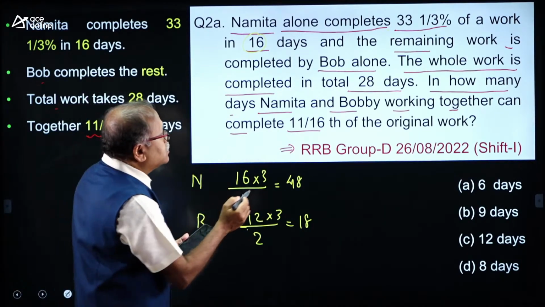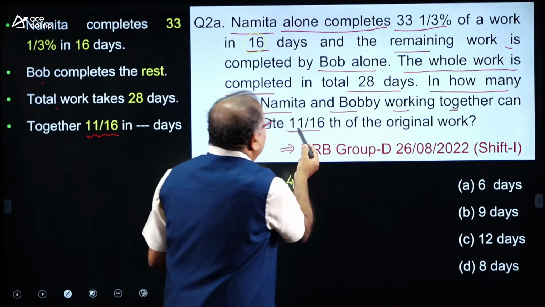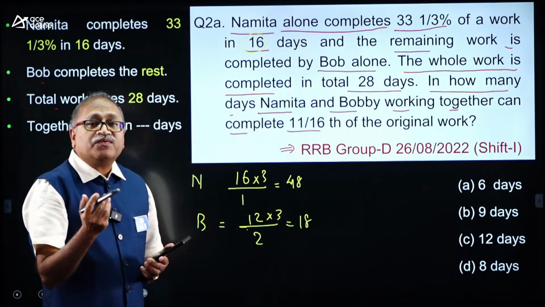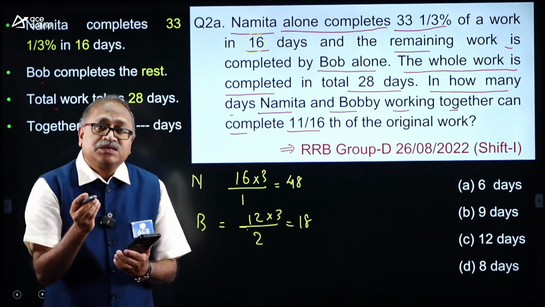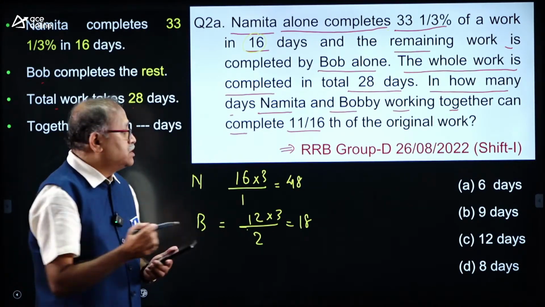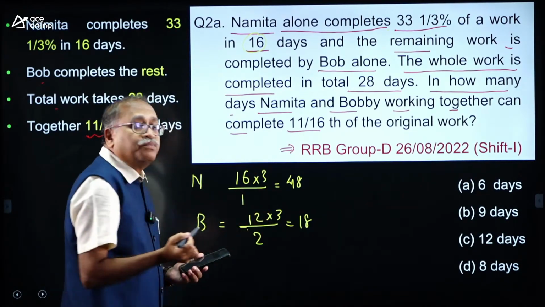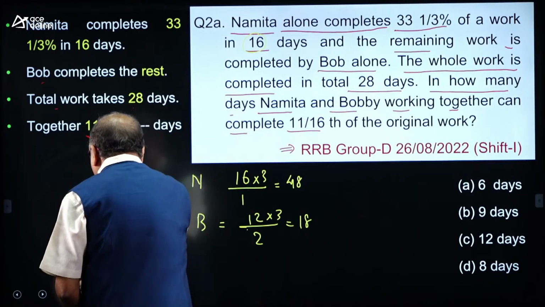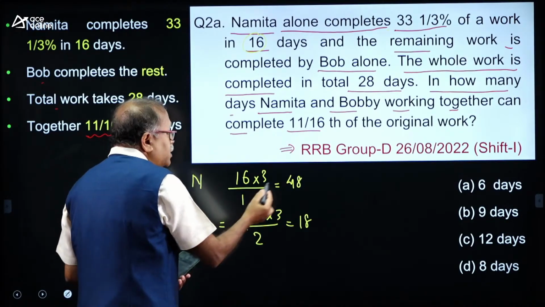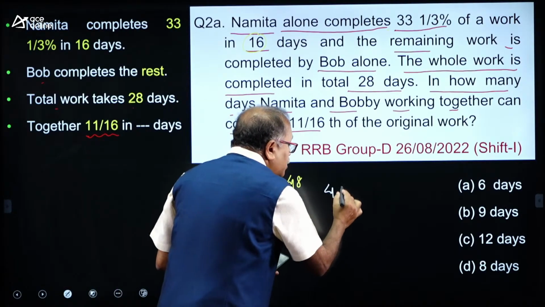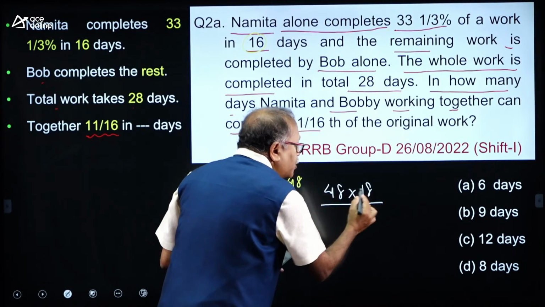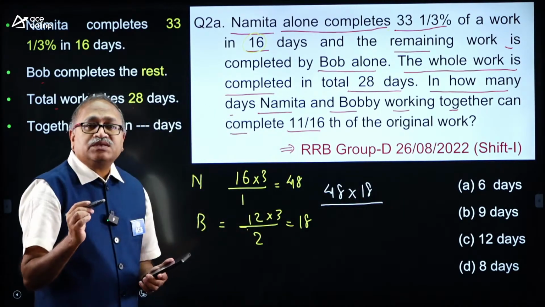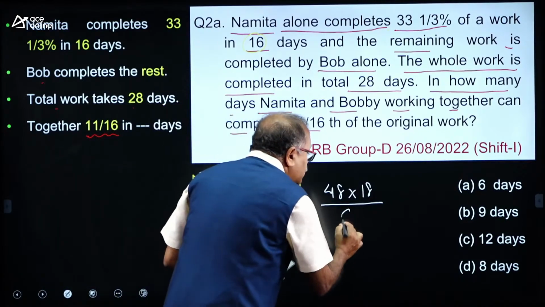Now, it is said that they together can complete 11/16th of the work in how many days? So, the total work they can complete in how many days? Let us use the formula over here: 48 into 18 divided by 48 plus 18, which is 66. This is one work.